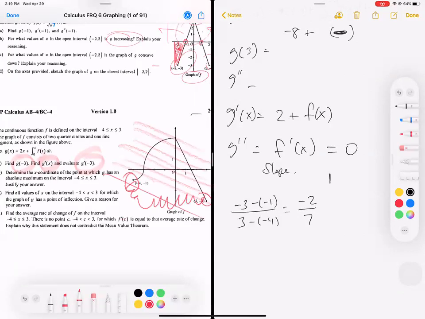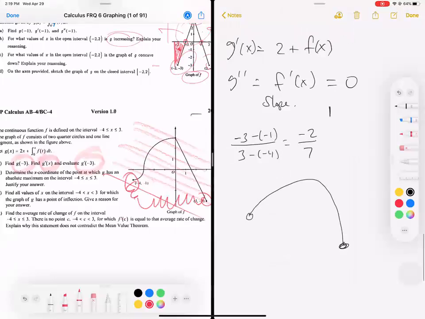Because the mean value theorem says that if the graph is continuous, the average rate of change must exist someplace in the graph. Let me give you a graph that looks a little smoother, like this. I draw an average rate of change. Can you find some point on the graph that would have the same slope?